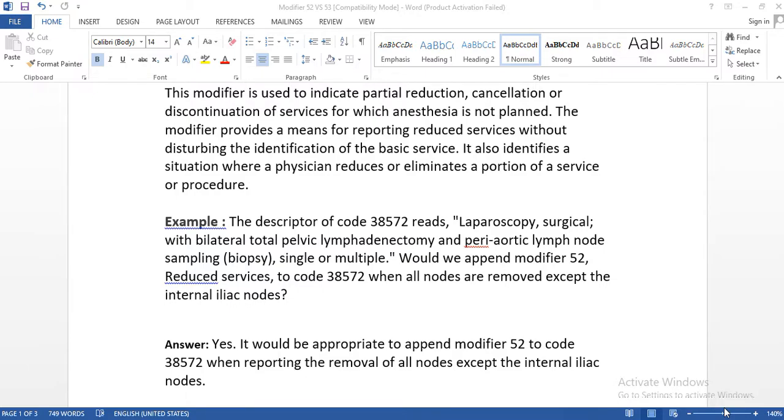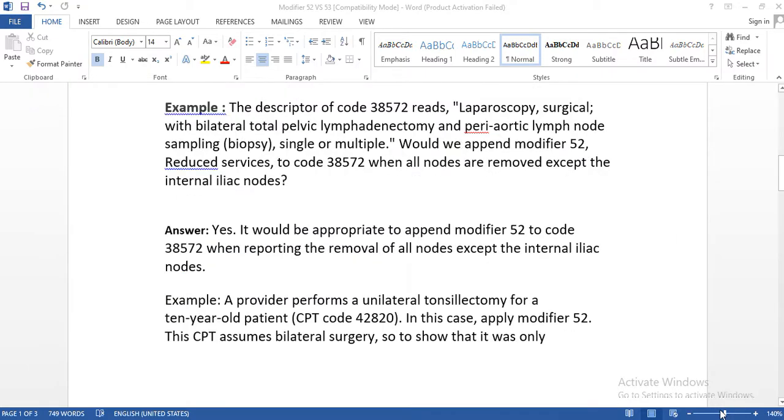Whenever the physician decides to reduce or cancel the procedure based on the situation, we need to add the 52 modifier. Mostly we use the 52 modifier for reduction of services or procedures. Whenever you find reduced services or part of the procedure, you need to think that we need to add the 52 modifier. Now we are going to see a few examples related to the 52 modifier.